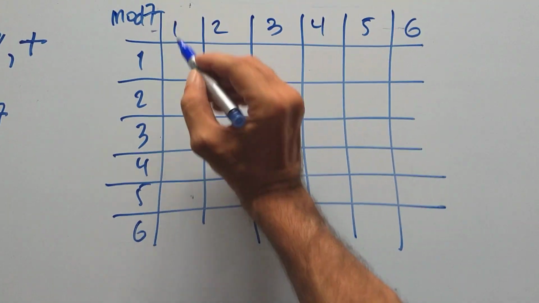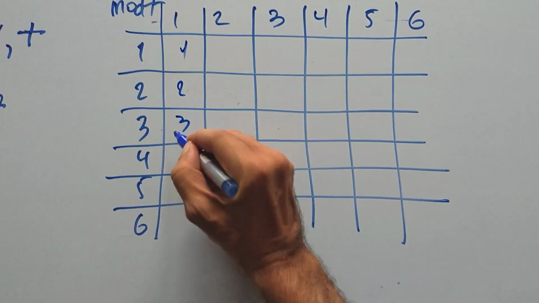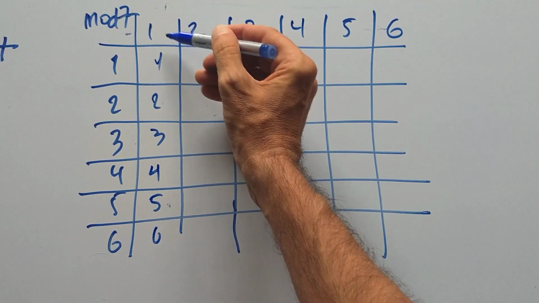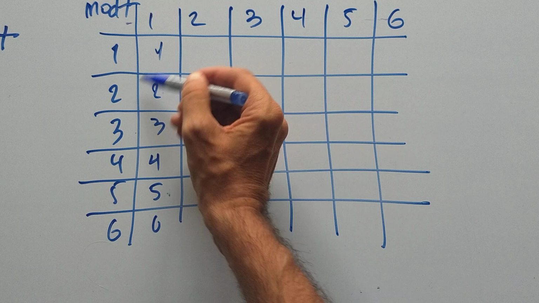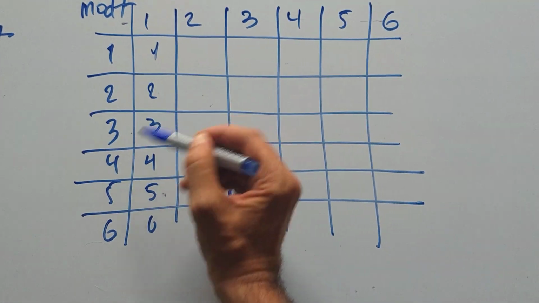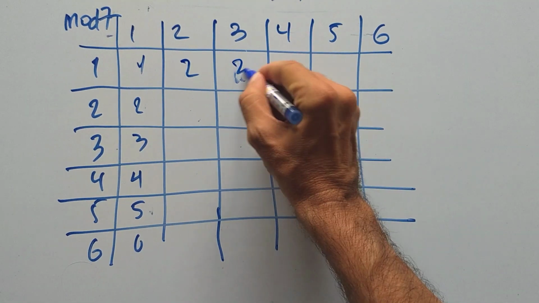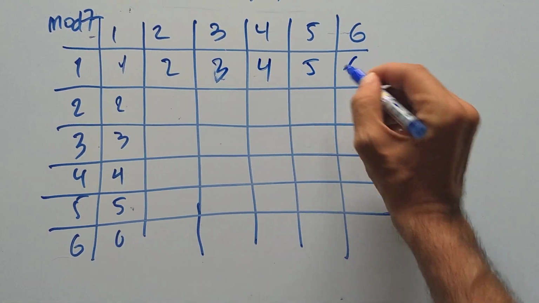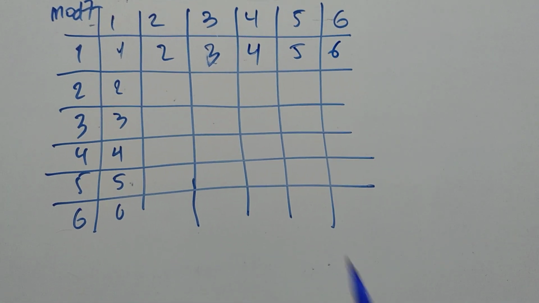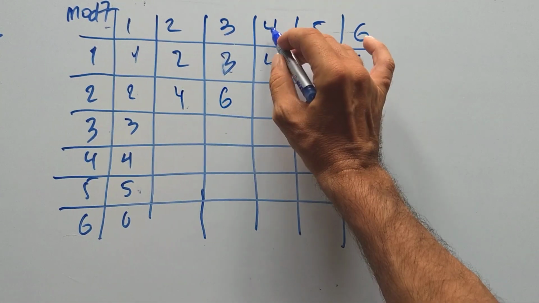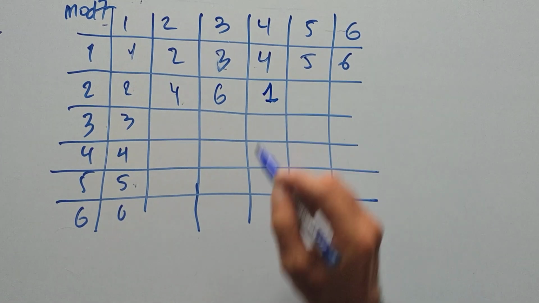1 times 1 mod 7 is 1, so all of this doesn't change. You can see right away that 1 is going to be my identity. 1 times 2 is 2, 1 times 3 is 3, and so on. That's obvious right away. 2 times 2 is 4, 2 times 3 is 6, 2 times 4 is 8, mod 7 that's 1.